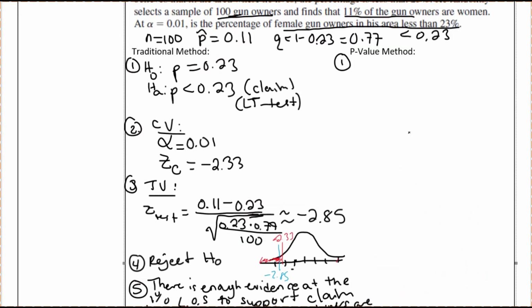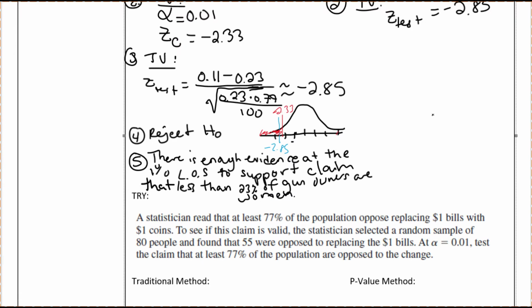Now we're going to walk through the p-value method real quick. The first step of the p-value method is the same as it was for the traditional method. Step 2, recall, is the test value, which we're just going to reiterate from earlier. Step 3 is to find the p-value.